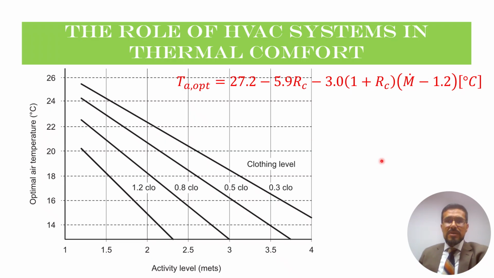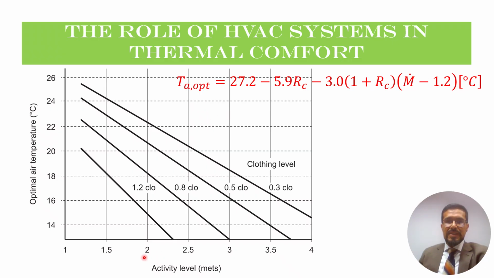Here is a plot of the same optimal air temperature, but in this case it is given also depending on the activity levels. So we know that the higher the activity level, the higher the metabolism, and then our optimal temperature needs to be lower.